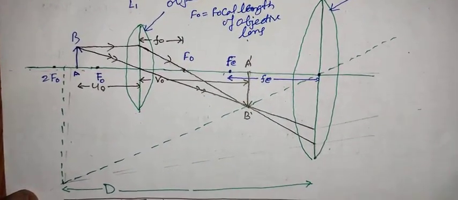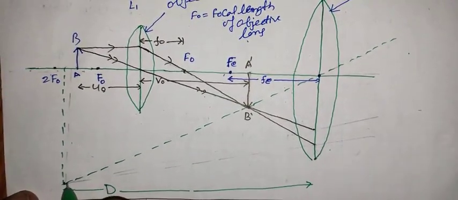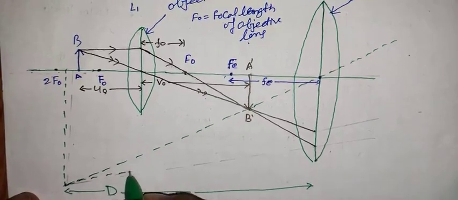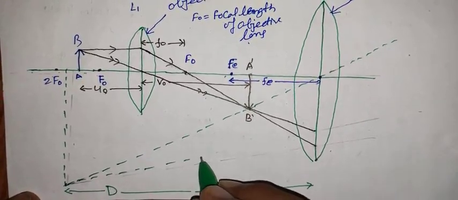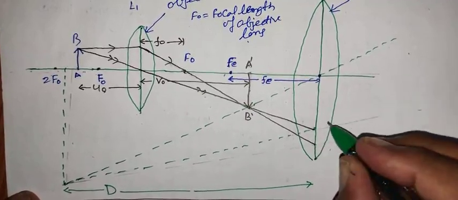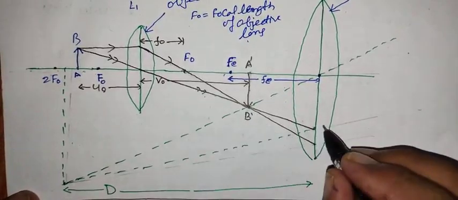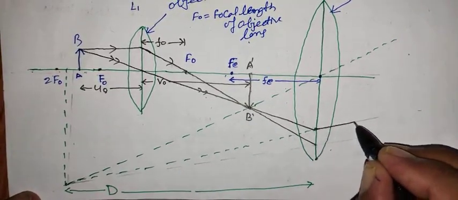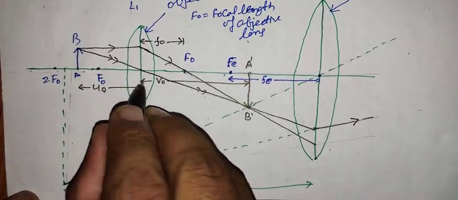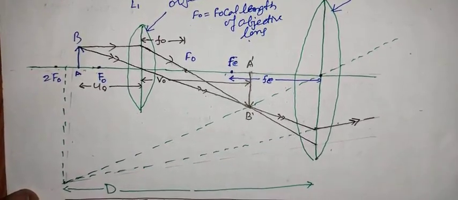Now take this point in the scale and join with a dotted line up to this point, and then this ray will be refracted in this direction. This is the ray.